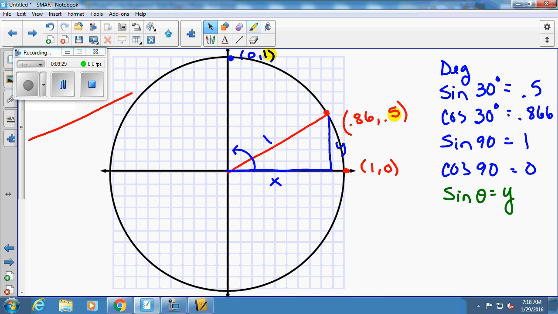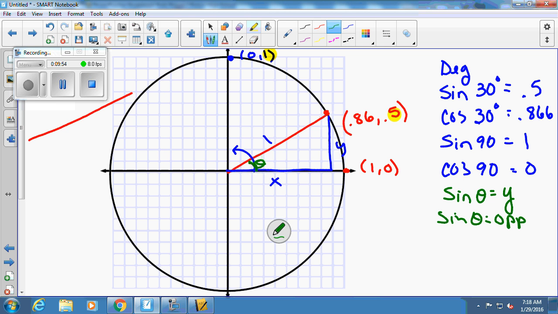Opposite over hypotenuse. Do I have a triangle here? I do. Let's get this angle in here. This is called theta. According to theta, the sine of theta is equal to the opposite side of the angle.